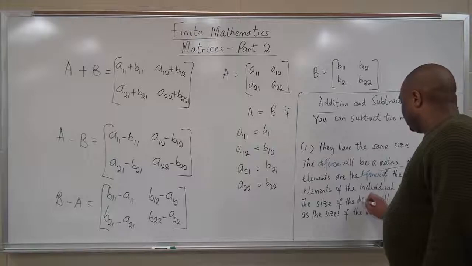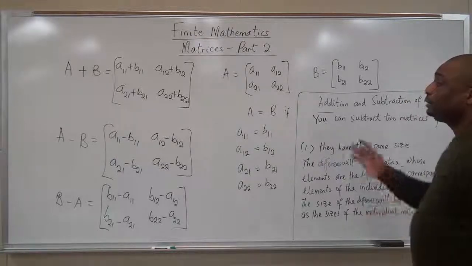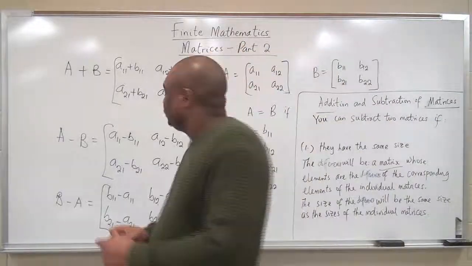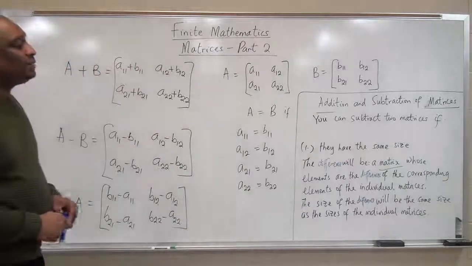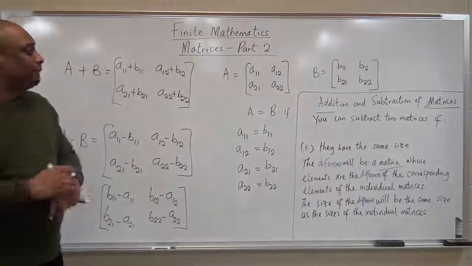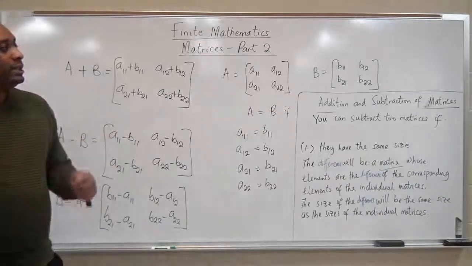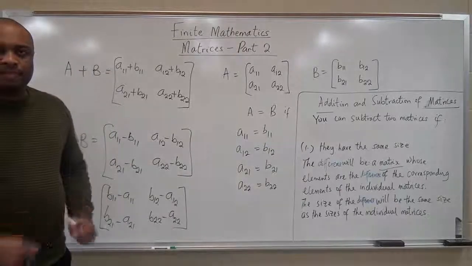The size of the difference matrix, the matrix that you get by subtraction, will be the same size as the sizes of the individual matrices. So that is the thing about equality of matrices, addition of matrices, and subtraction of matrices.